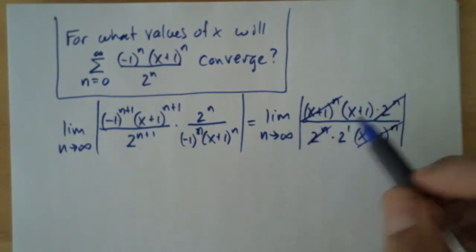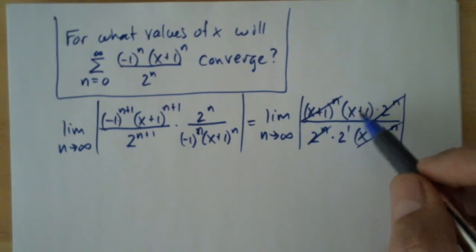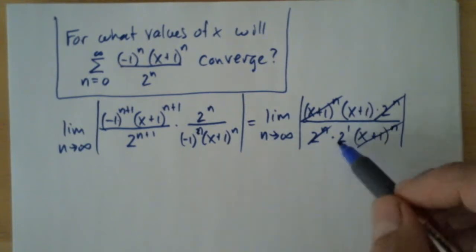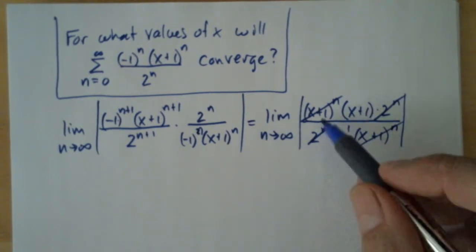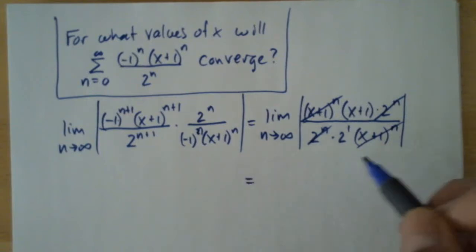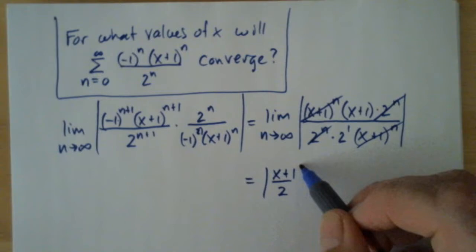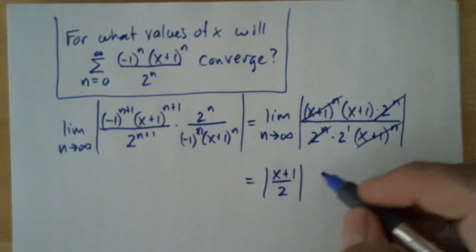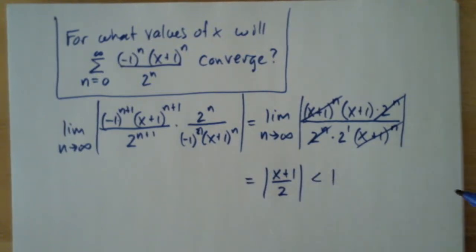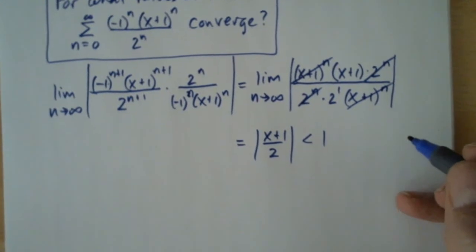As n goes to infinity, x just does whatever it wants to do. So the n doesn't affect the x. Everything with an n is gone. So now we can just say that the limit is the absolute value of x plus 1 over 2. We want that to be less than 1 for the series to converge.